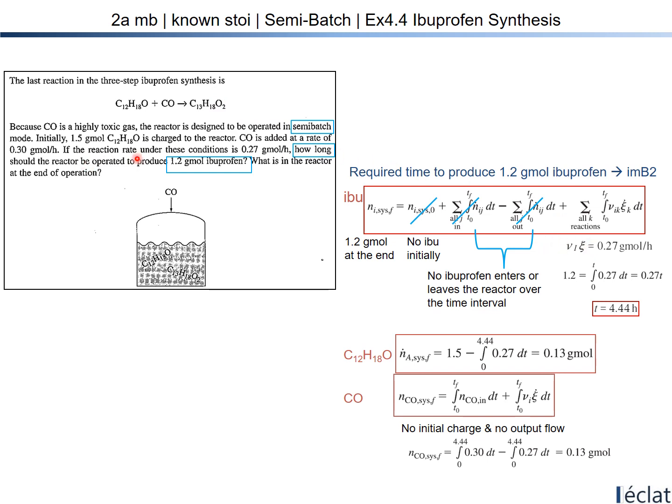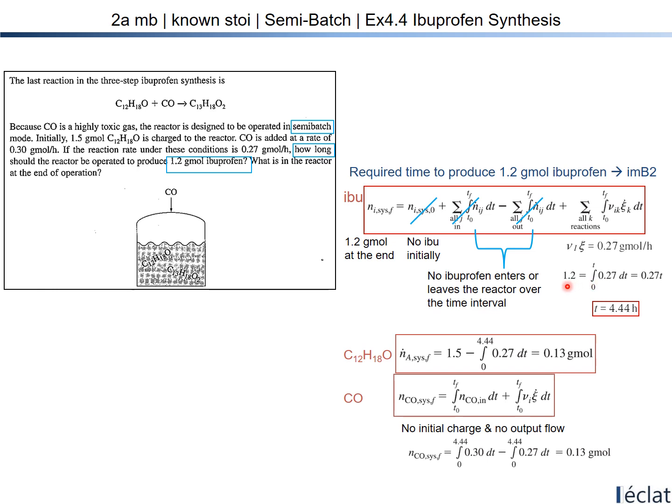Xi is 0.27 gram mole per hour. So inside of the integral operation, we have 0.27 gram mole per hour. Then 1.2 is equal to the integral of 0.27 dt over 0 to some t hours.